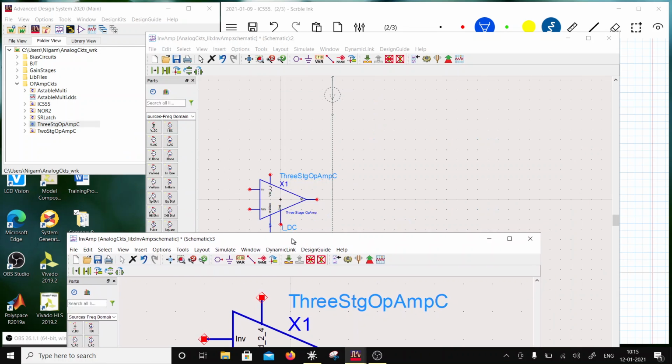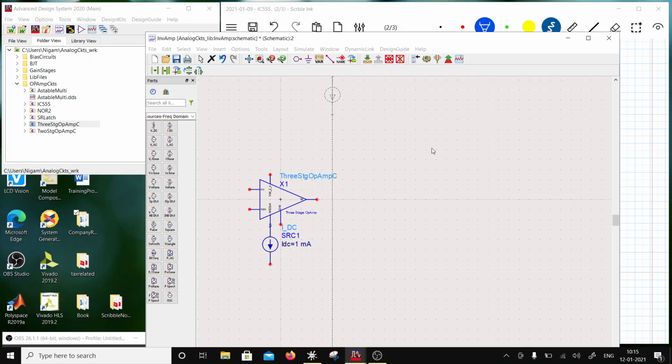Why would it do that? Okay, there is a ground here.